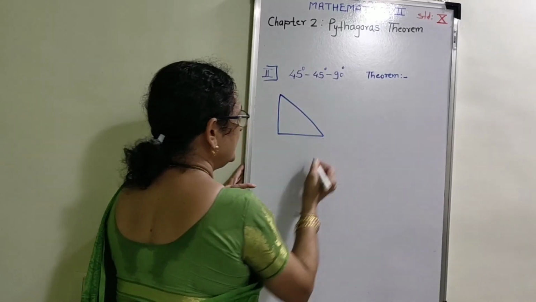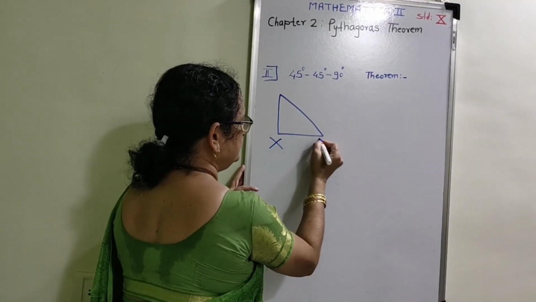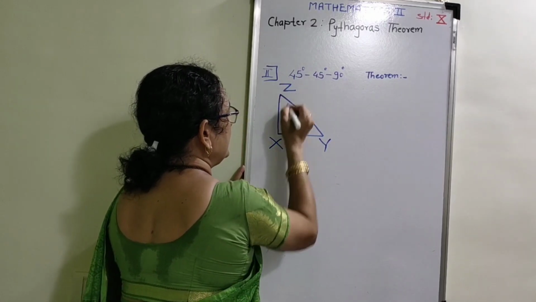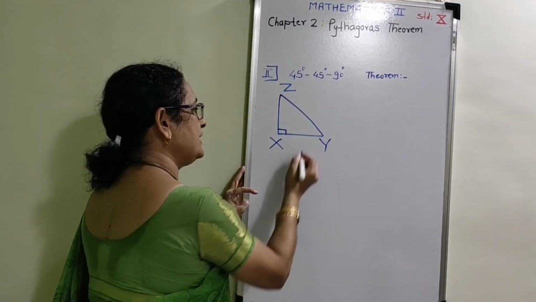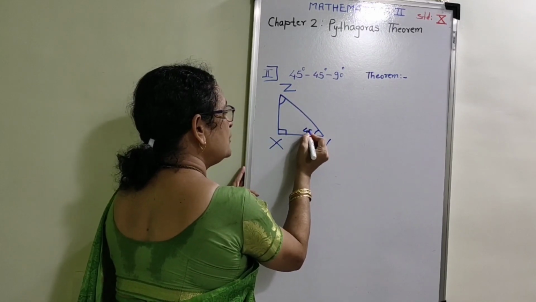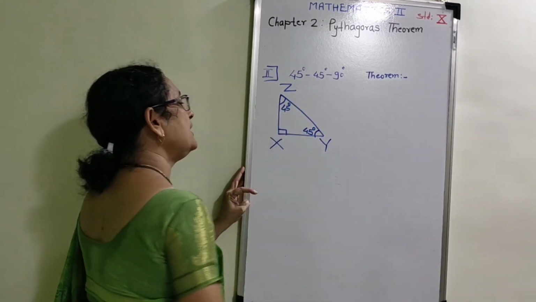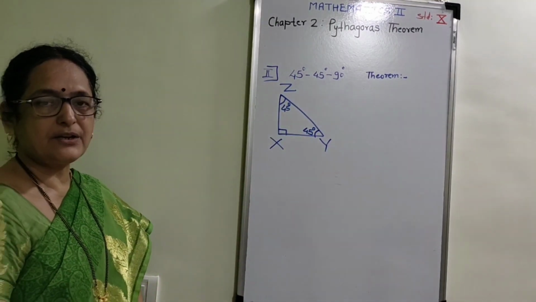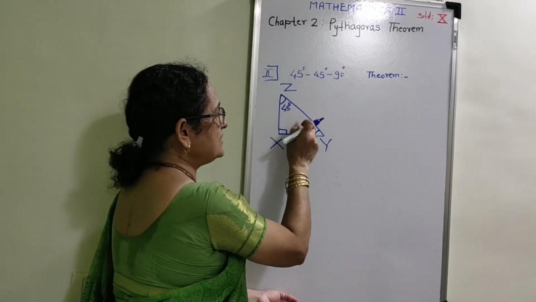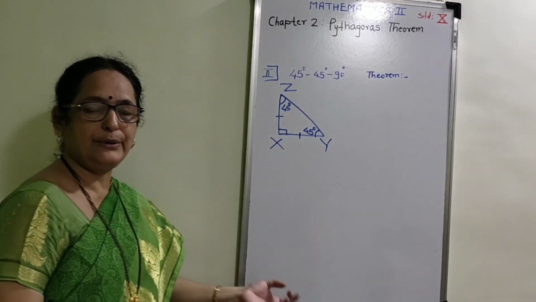They have given triangle XYZ, where angle X is of 90 degree and angles Y and Z both are congruent, that is two equal parts of 90 degree, that is 45 degree each. Now the application of this is that when angles are congruent, the sides opposite to them are congruent to each other.